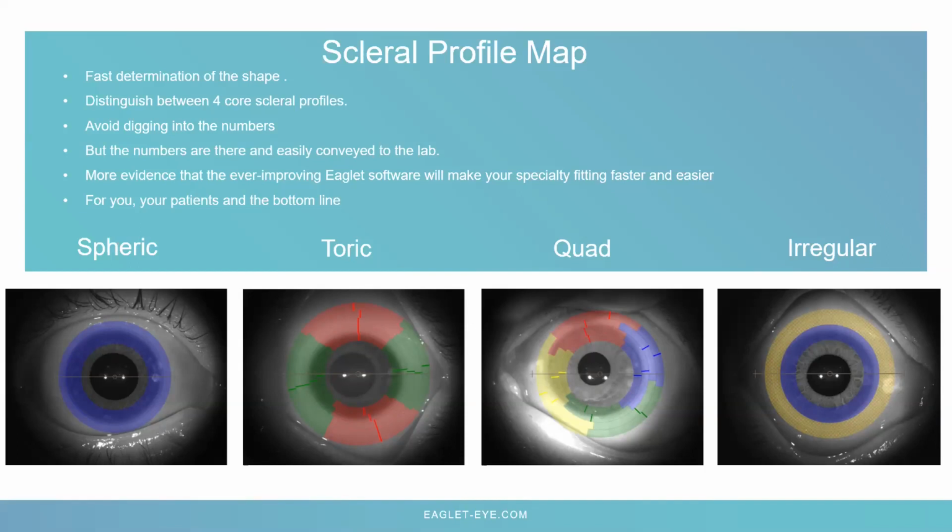Therefore, if you see these irregular rings, these yellow rings, we always recommend you to be very careful and preferably share the data with the Eaglet team or your lab, because most of the labs have one or more people on board knowing the Eaglet system as well as having the software themselves, so they can load your image and check it as well. So yes, you can use the first lens fit algorithms, but be careful.